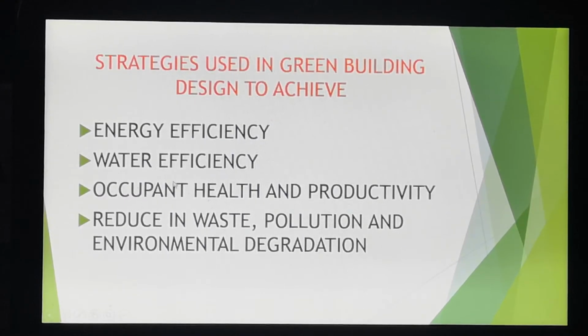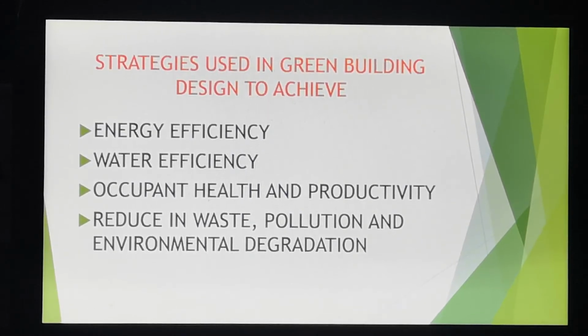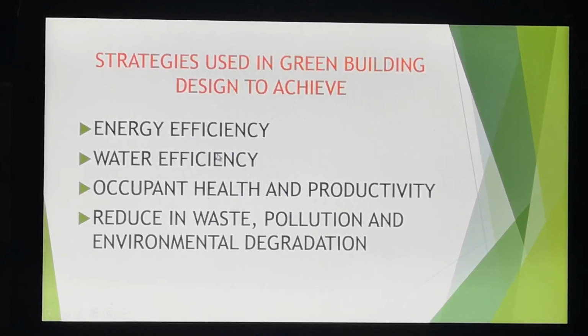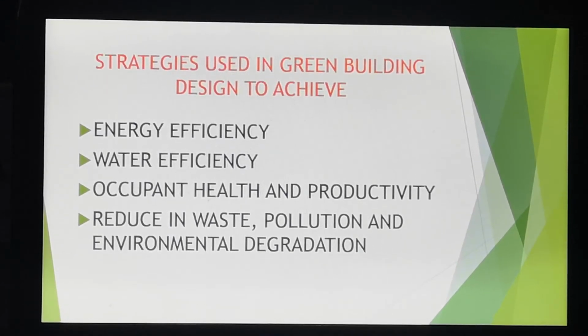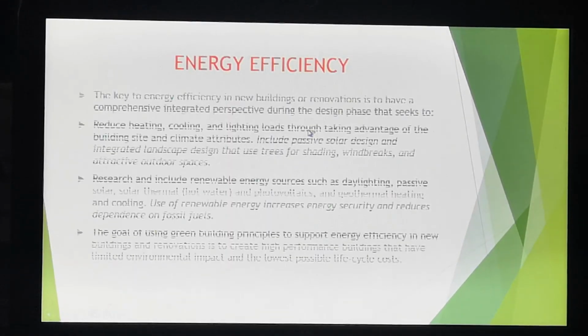Third is occupant health and productivity, and the last one is reducing waste, pollution, and environmental degradation. All right. All of these strategies we need to know, study, and apply to achieve the design in the building. Okay, first we go to energy efficiency.